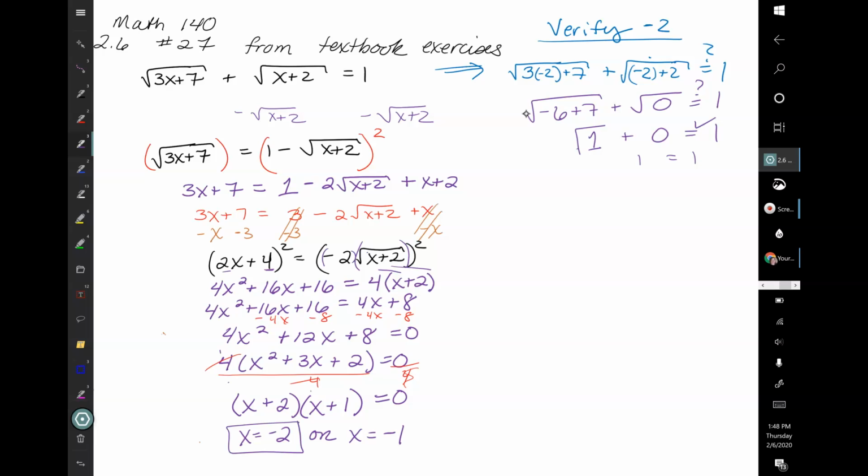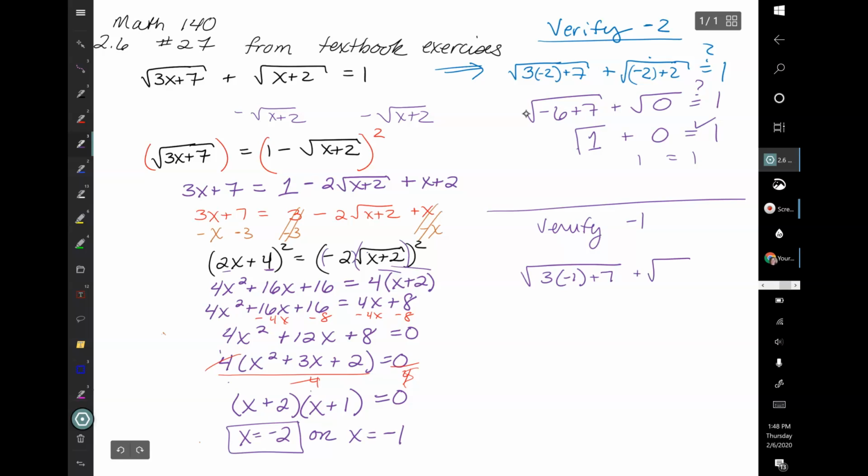Let's now verify the negative 1. See if that works. So just go through the same process. I'm plugging that negative 1 in to each x value and seeing, does it balance? I mean, you can kind of do this in your head once you get the gist, but negative 3 plus 7 under that radical is going to be a positive 4.